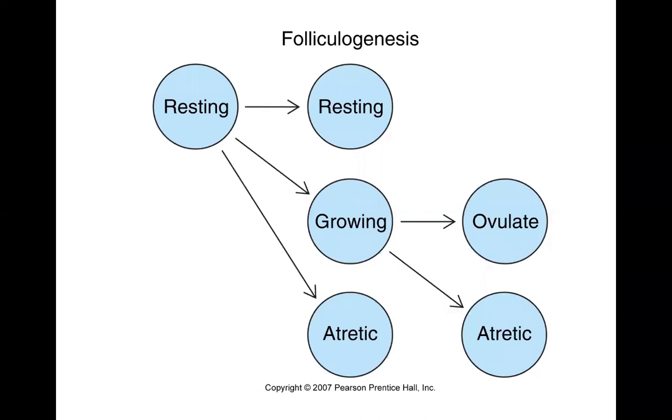Even within these growing follicles, most of them are atretic, that is, they die out. But of the ones that are growing, there is one, the main one, or you can say the leader, that grows further, and when it grows further, it goes to the point of ovulation. They ovulate, that is the process by which the egg is spilled out or spit out of the follicles, known as ovulation.